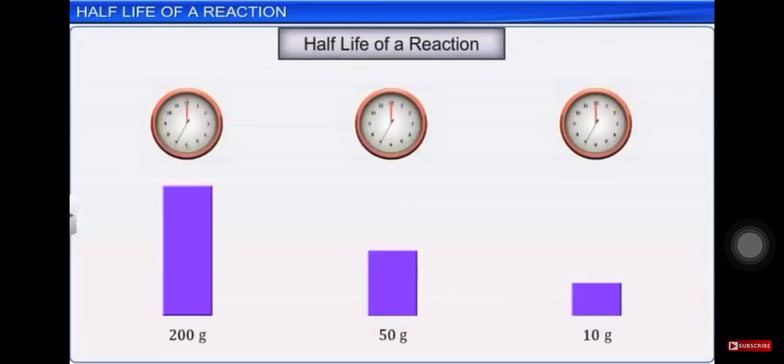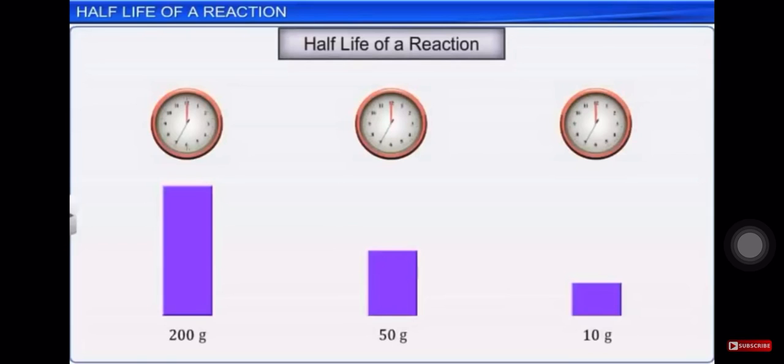So now, based on the same thing, our next topic is half life of reaction. This is very easy if you know the equations for first order and zero order. In the same way you are going to find the equation for half life. So what do we mean by half life of a reaction?